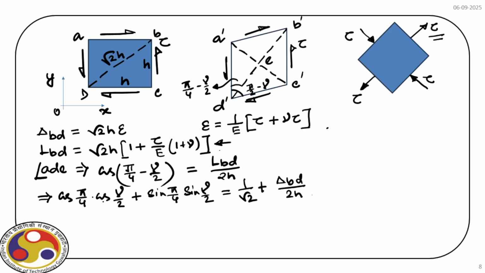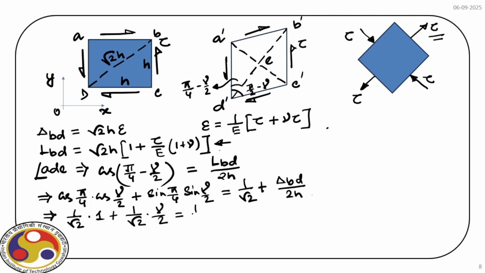Now if you have a small rotation, then cos pi by 4 is 1 by root 2, and for small rotation cosine of gamma by 2 is 1, and sine of pi by 4 is 1 by root 2. Then for small rotation sine of gamma by 2 is gamma by 2.